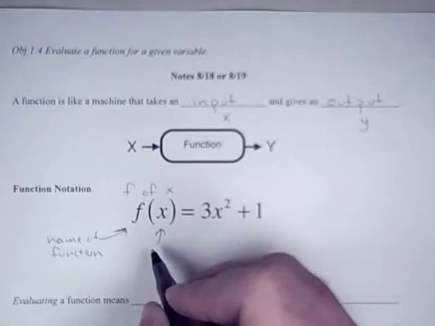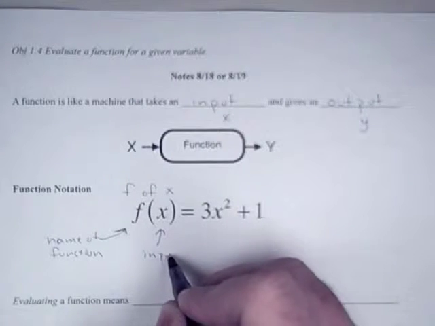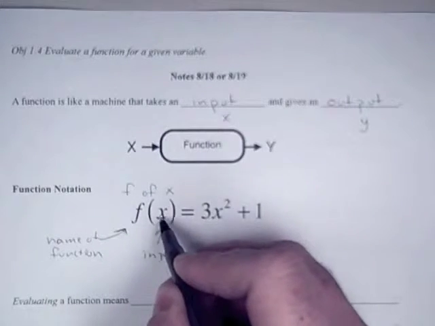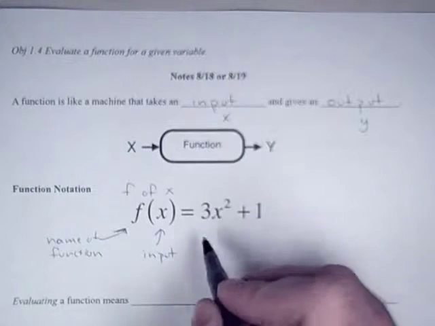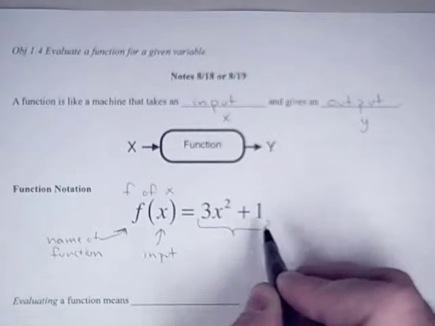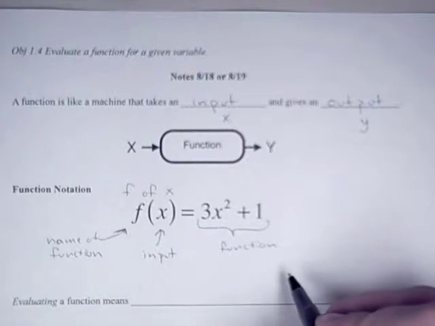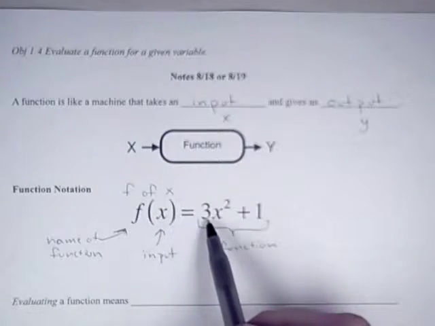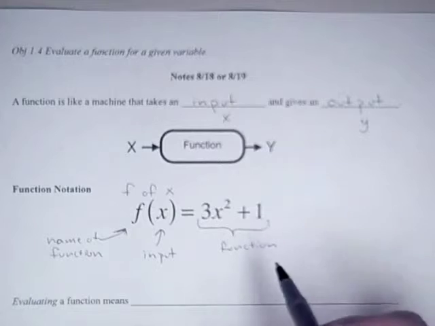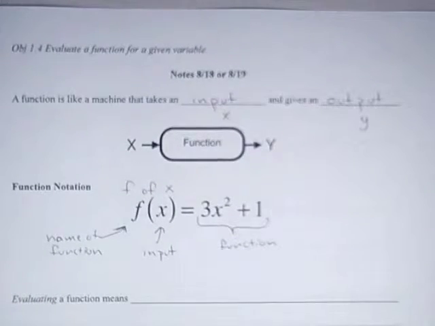This right here is the input in the function. So whatever's inside the parentheses gets put into the function. And this here is the actual function. So f of x equals 3x squared plus 1. That would be how you would say that.